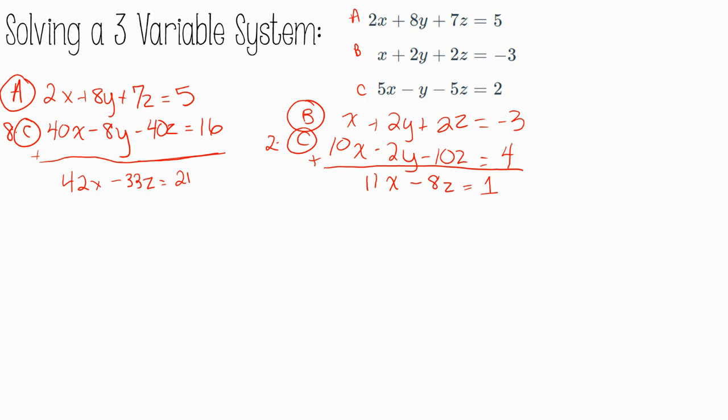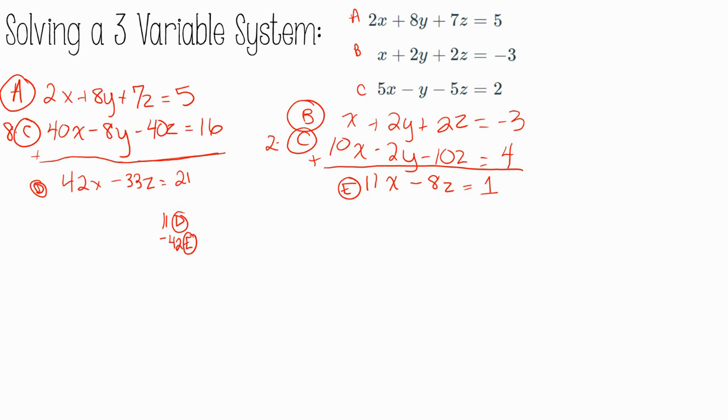So I'll call this D and E. If I want to get rid of x, I'm literally just going to multiply 11 to D, and I'll multiply negative 42 to E, because there's no common factor between them. So let's go ahead and do that.